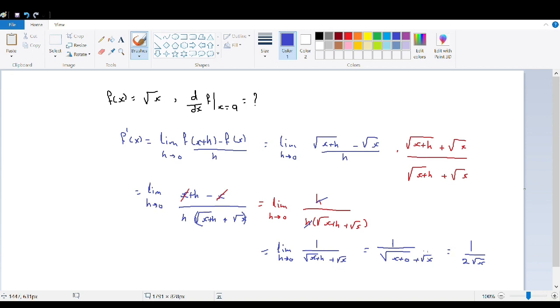So the derivative is 1 over 2 root of x, but we were asked to find the derivative when x equals 9. So the final step is to replace x by 9.